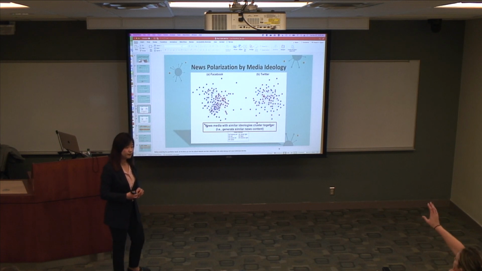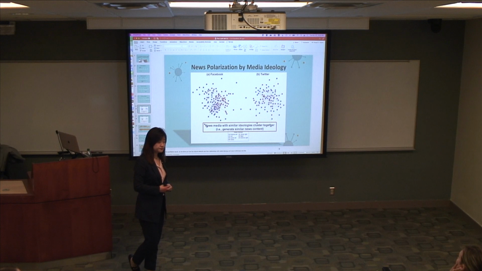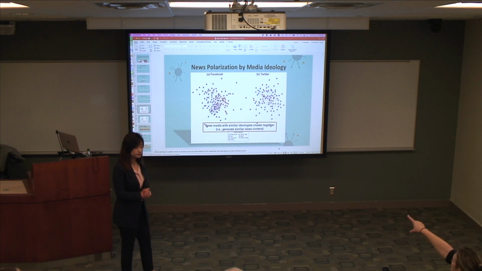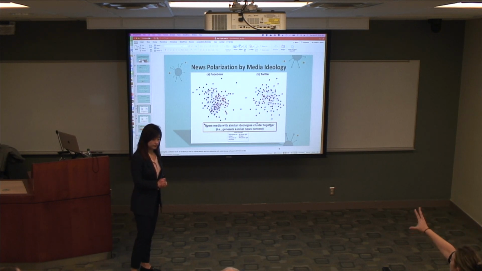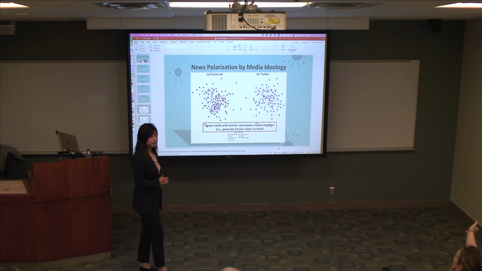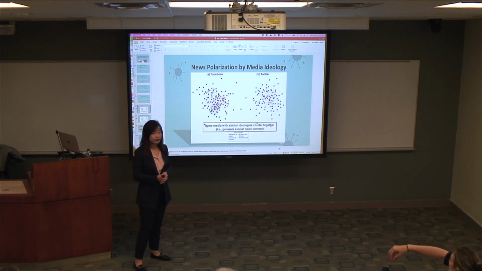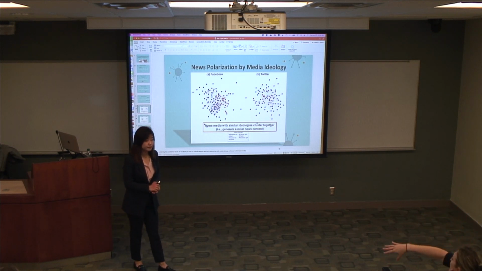For example, there's a difference between CNN having a Twitter account and posting their content, and some other random thing being shared by a person. So the news organization may not have been responsible.